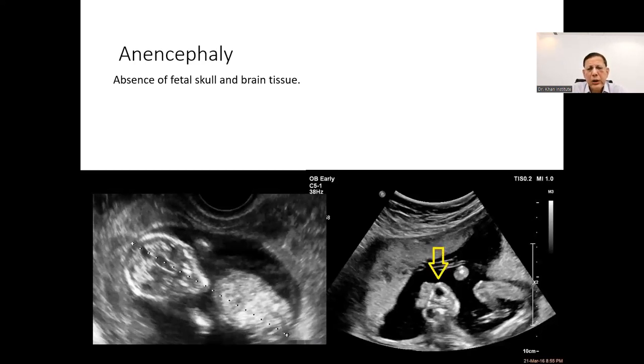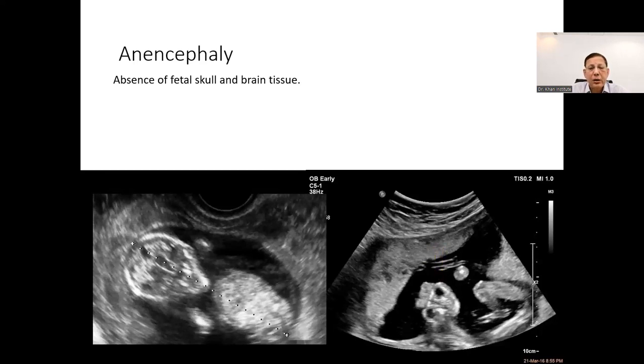The skull is usually formed and can easily be identified on ultrasound at approximately 10 to 12 weeks of gestational age. So usually there is a routine ultrasound in the second trimester for the diagnosis of these different congenital abnormalities.